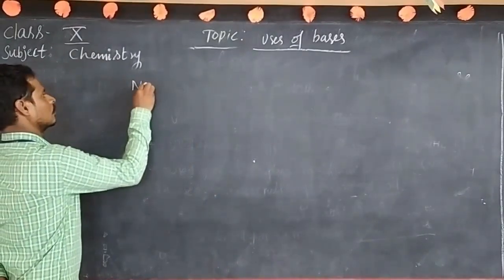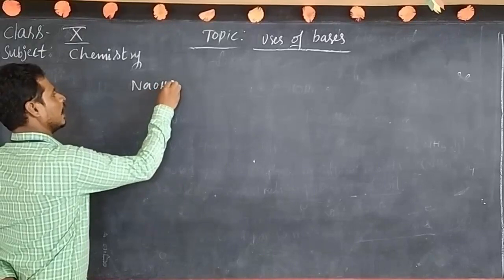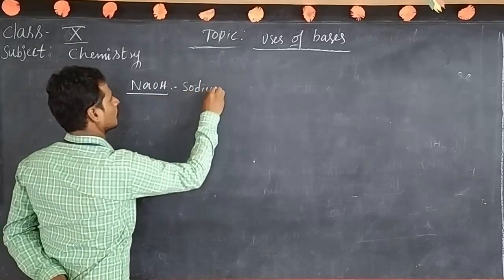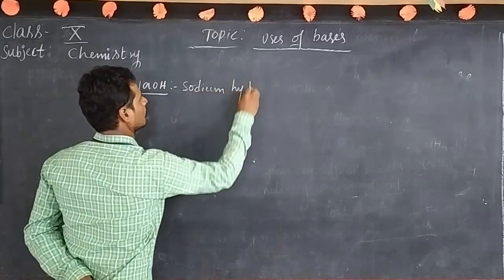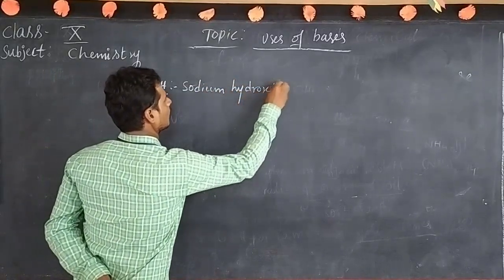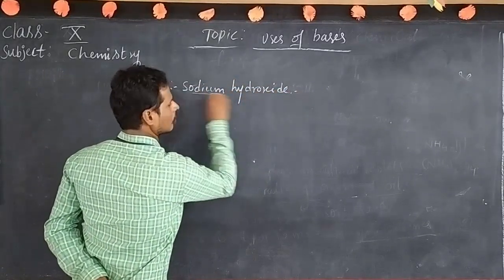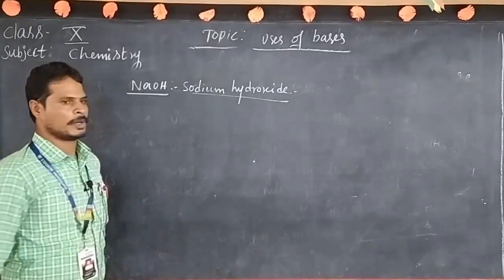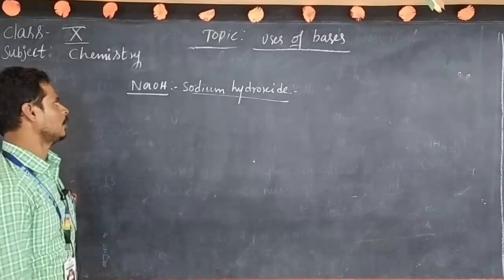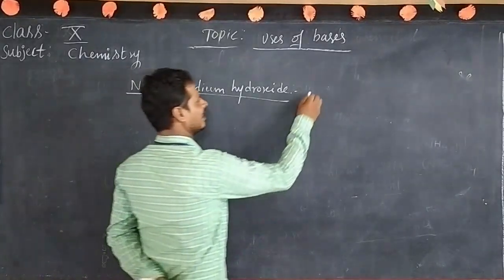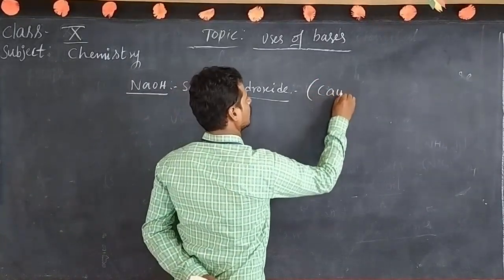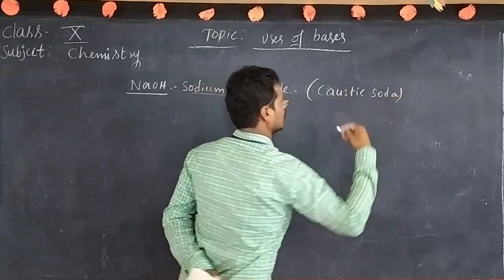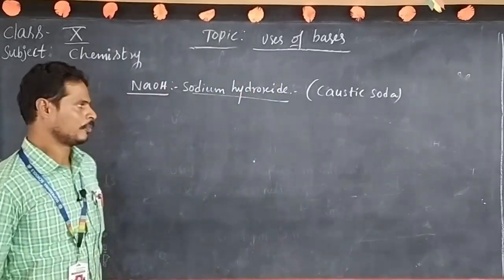Next, sodium hydroxide. What is the use of sodium hydroxide? What is another name of sodium hydroxide? We call it caustic soda. Sodium hydroxide's other name is caustic soda.